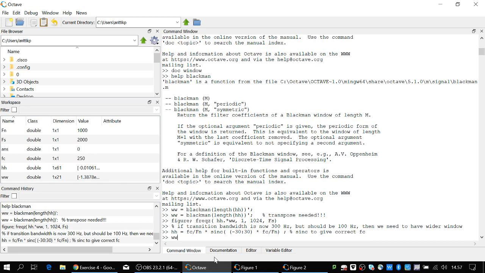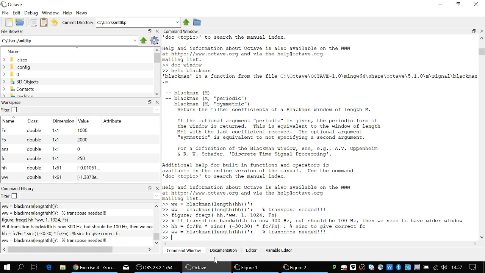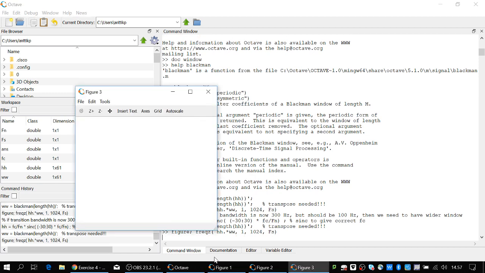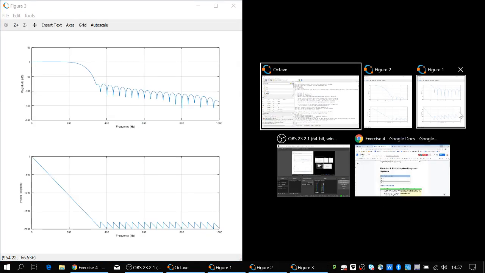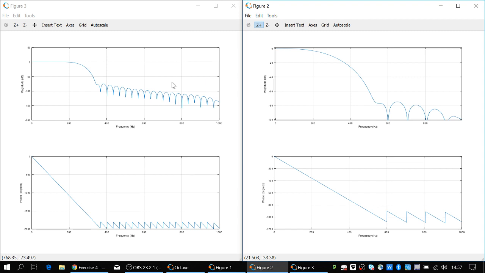Okay, we need to fix the window again, and then now we should have that transition bandwidth again, where it should be. There we go.